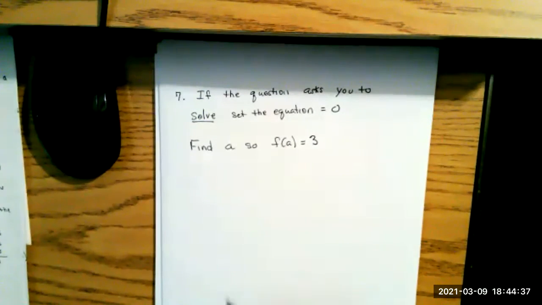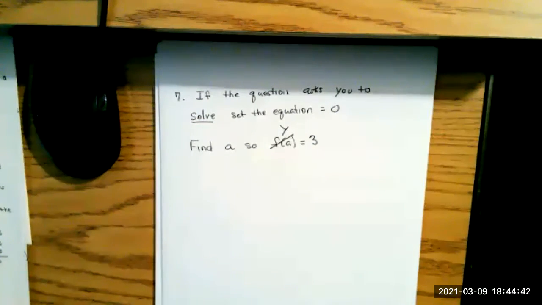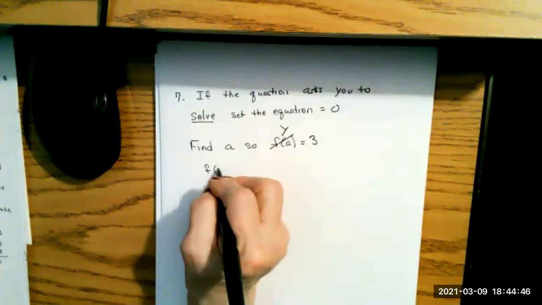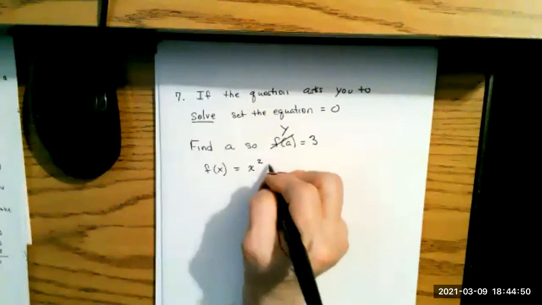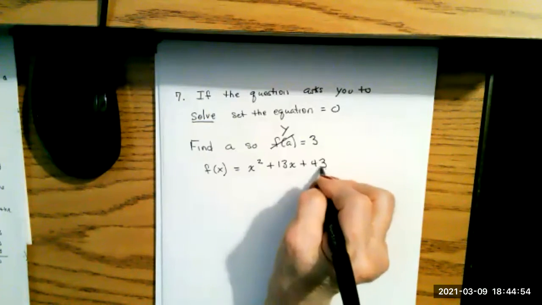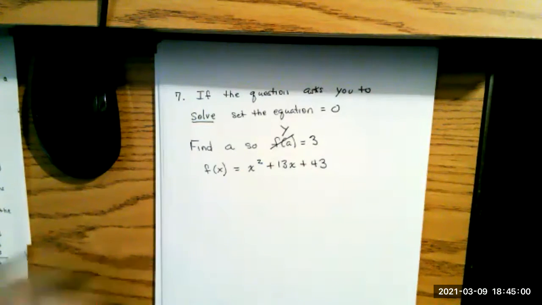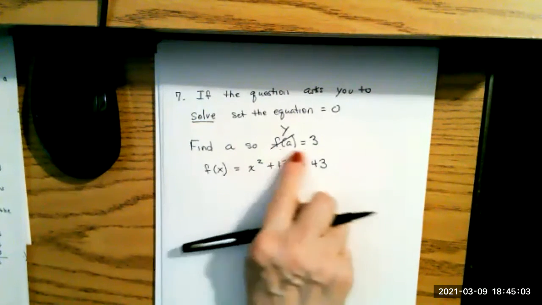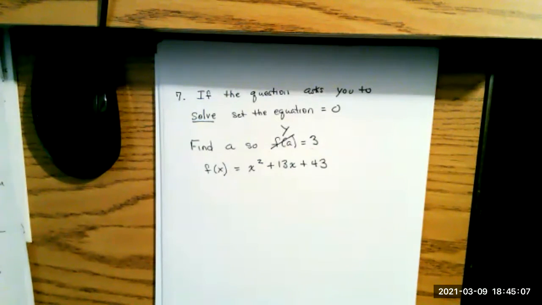Remember, f of A is just y, so they're saying y is equal to 3. And they give you a function, f of x equals x squared plus 13x plus 43. But they want to know what A is, what's the x value, if the y value is 3.